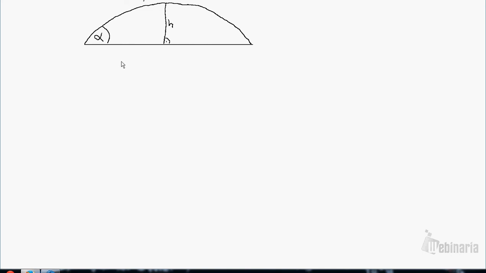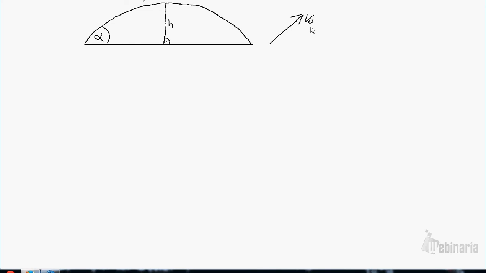And usually, of course, we need some kind of information about our example to resolve it. For example, most of the time they can give you the initial velocity.